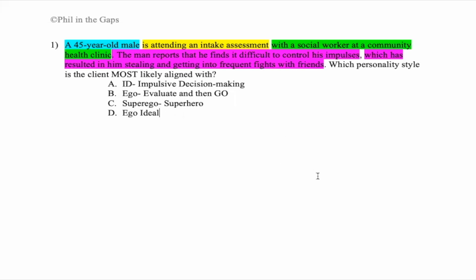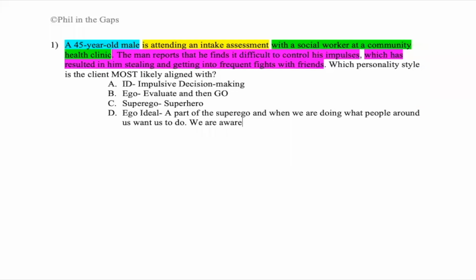And then ego ideal is a part of the superego, and that is when we are doing what people around us want us to do, so we are aware of the expectations of others.